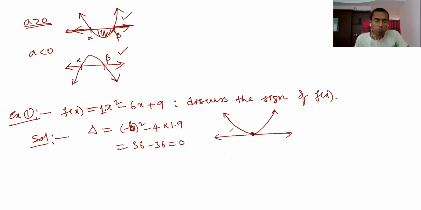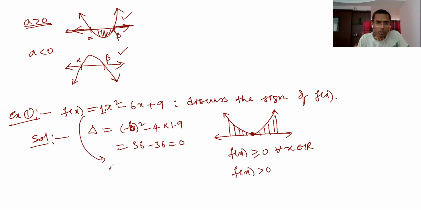So now here, what you can say is the expression is always positive. That means f of x is greater than or equal to 0 for all real numbers. And another thing you can write is f of x is positive for all real numbers except minus b by 2a.